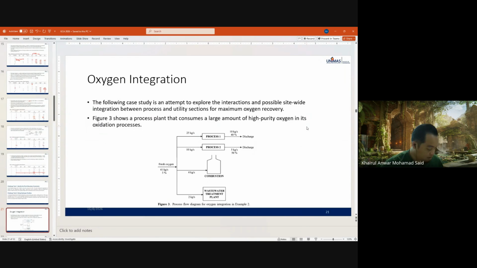So for hydrogen oxygen integration, it's in the paper. The following case study is an attempt to explore the interaction of possible site-wide integration between process sections from maximum oxygen hydrogen.